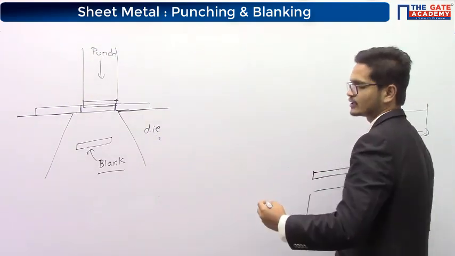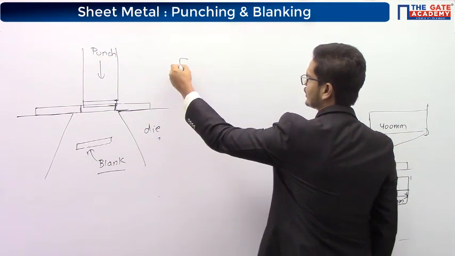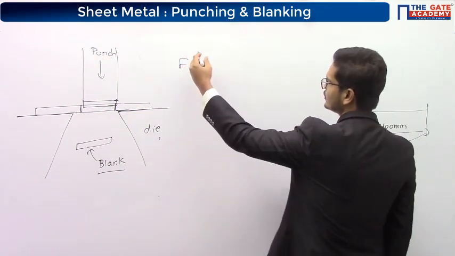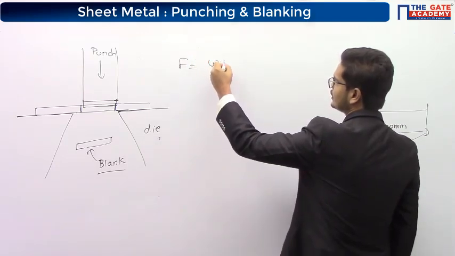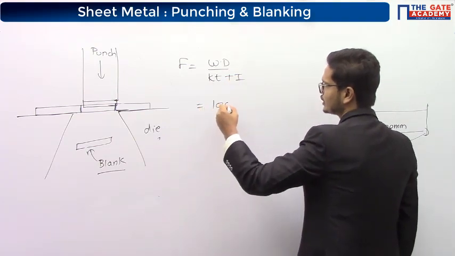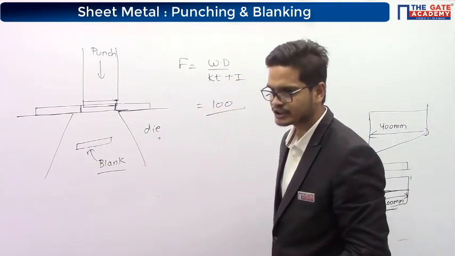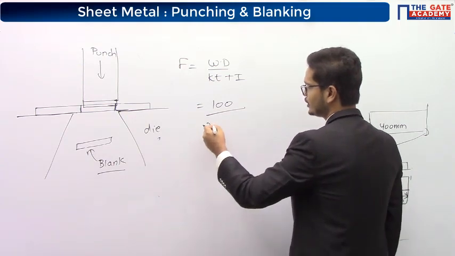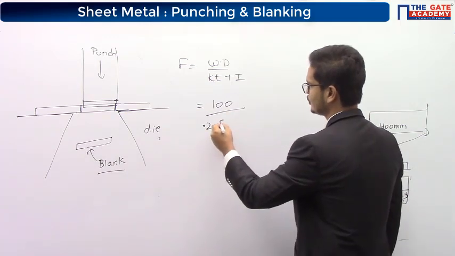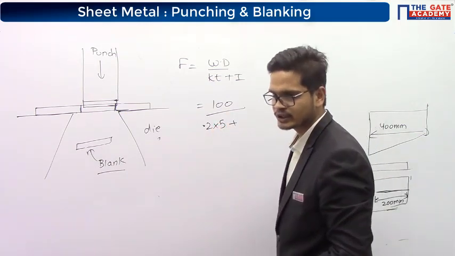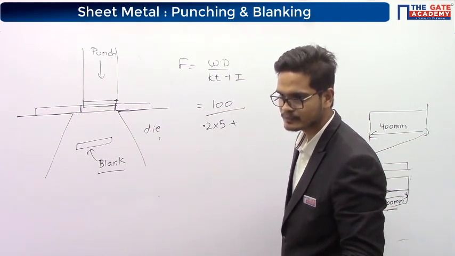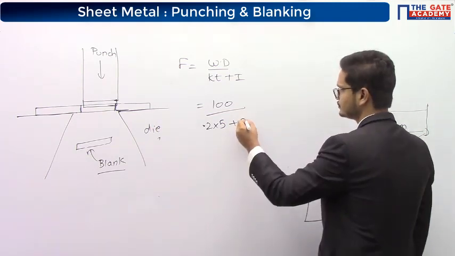See, they are asking for the force along with shear. That is, they are asking the value of F. It is work done upon kT plus I. The work done was 100 joule. kT is how much? 0.2 into the thickness, 0.2 into 5, plus shear they are saying is provided as 20 mm.